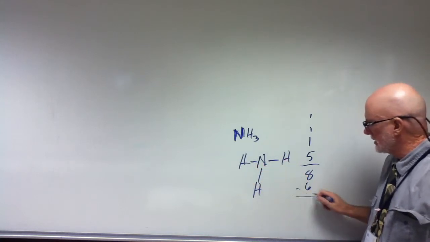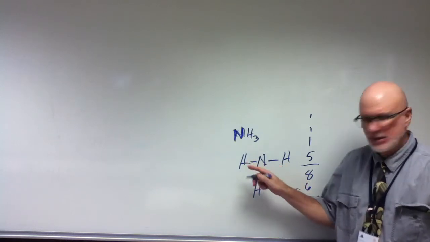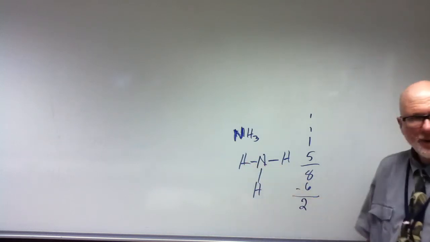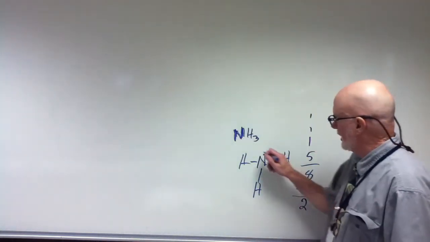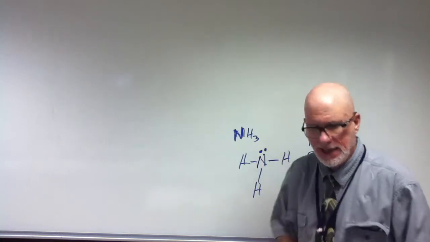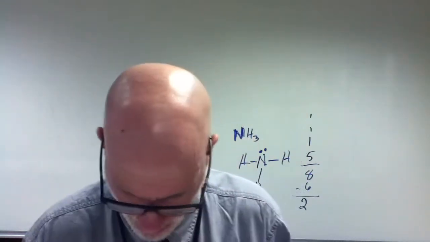Subtract off 6 because I have 2, 4, 6. I'm left with 2. Remember, a non-metal that's central has to have 8 electrons. It can't have less than 8. That's a rule. It's right in your packet. So I've got to put these two here. All right, now let's make the model and then we're going to quit.